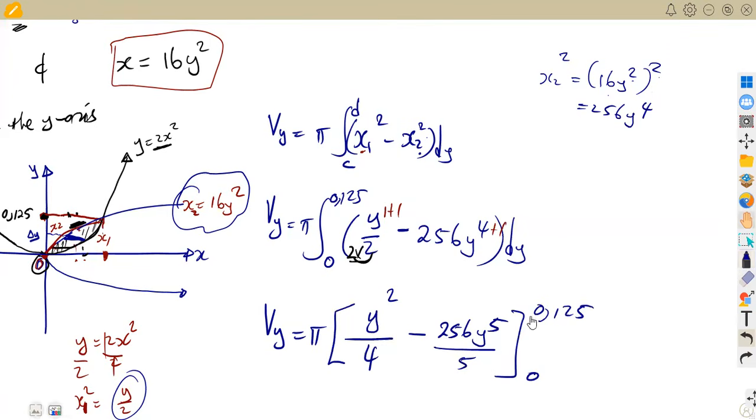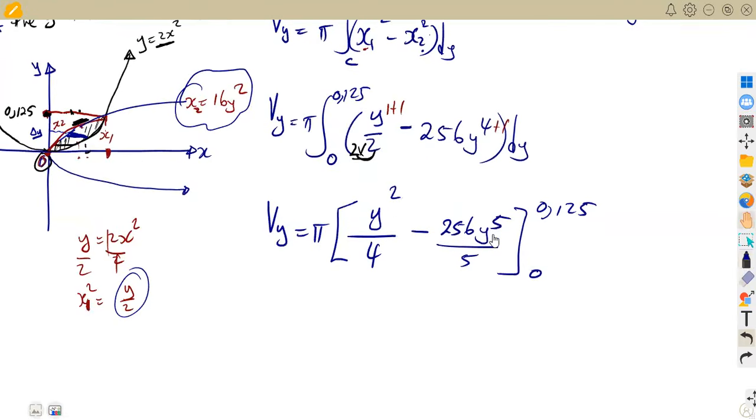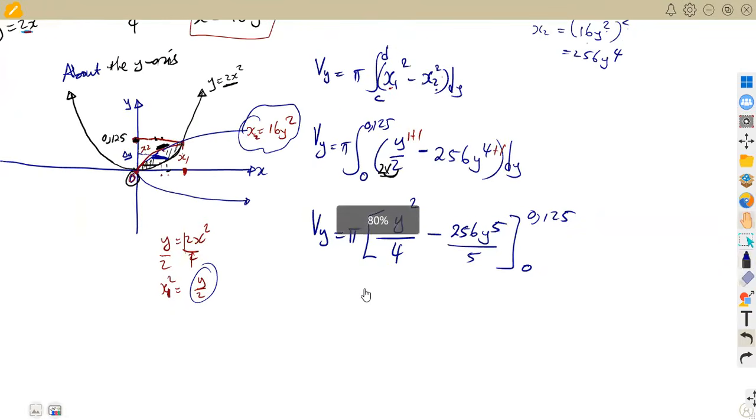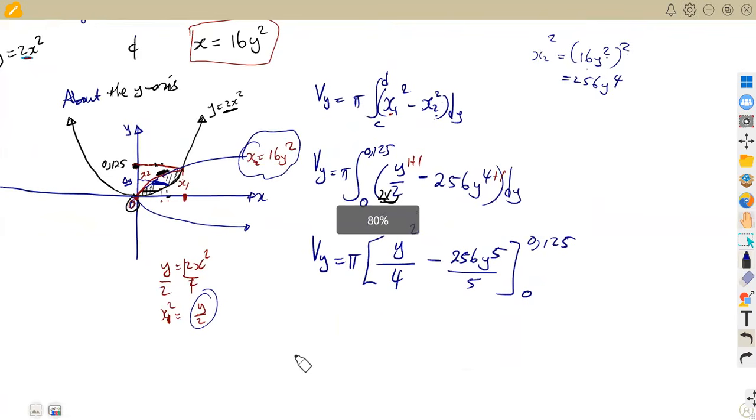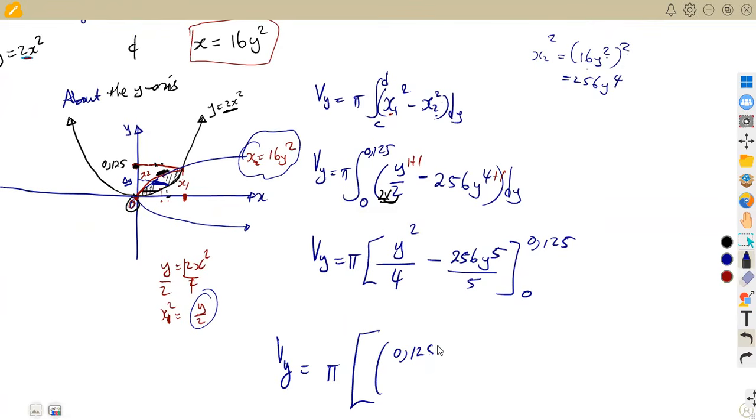You're simply going to substitute just like the previous part that we had, upper limit minus the lower limit. So that's the volume with respect to y, which is going to be pi, then we substitute for the upper limit: 0.125 squared over 4 minus 256 times 0.125 to the exponent of 5, over 5.